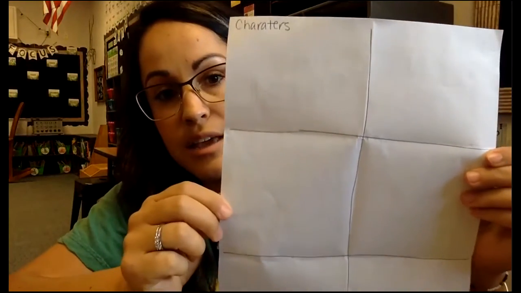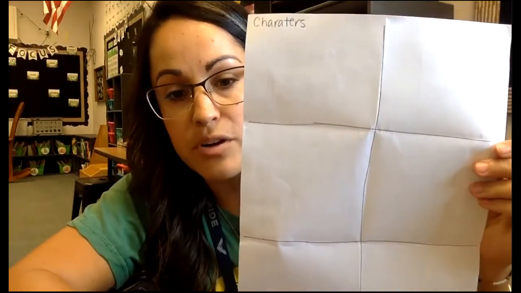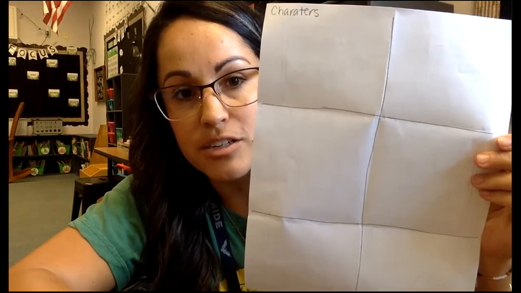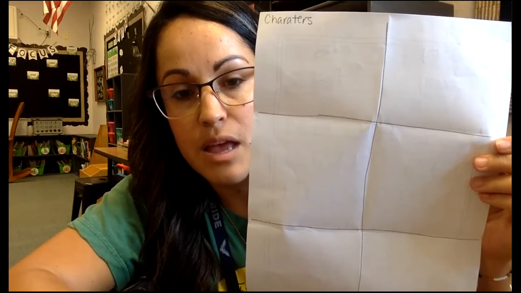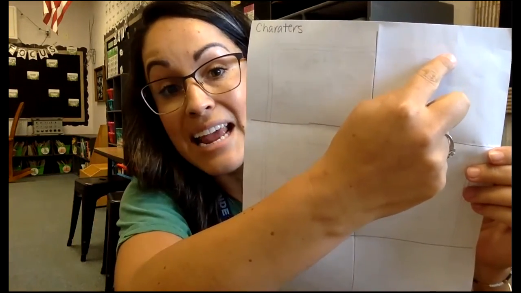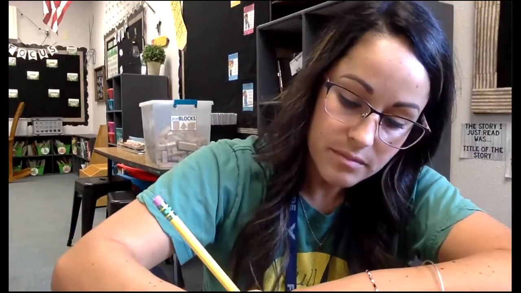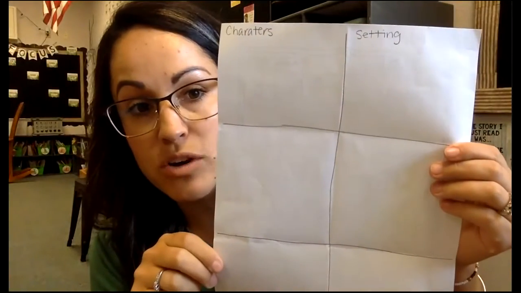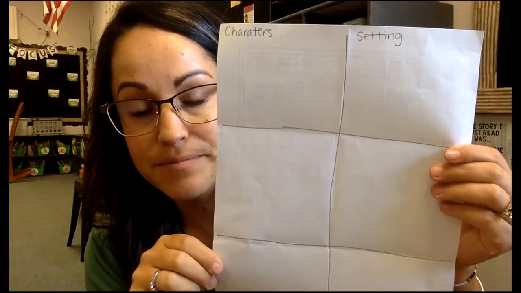Just like this. And I know it's backwards for you guys. Sorry. And then in the box next to it, you're going to write setting. Okay, and this is when and where the story takes place. Setting.